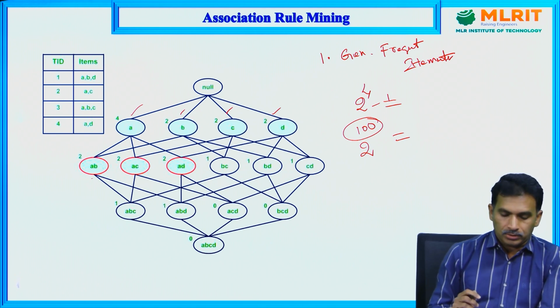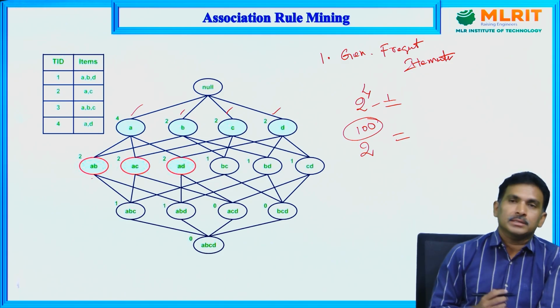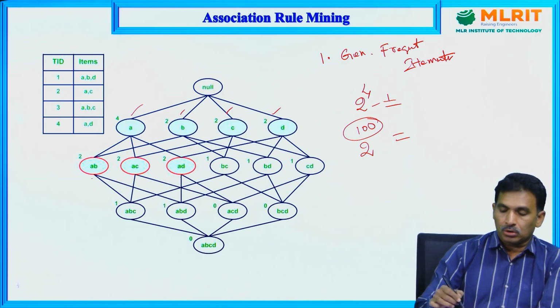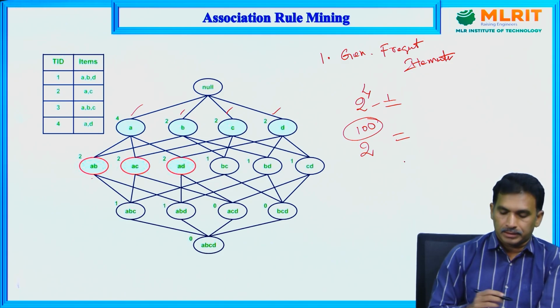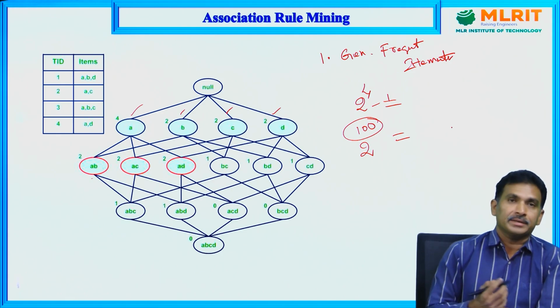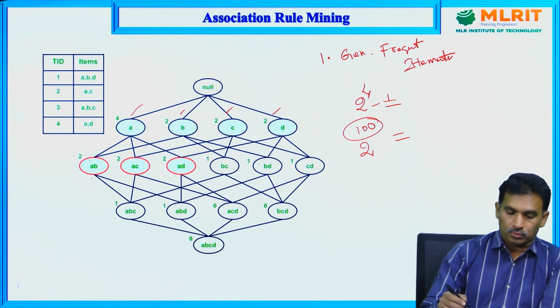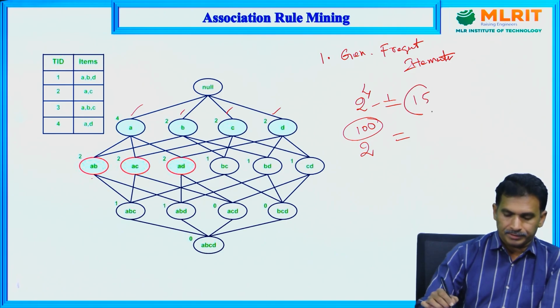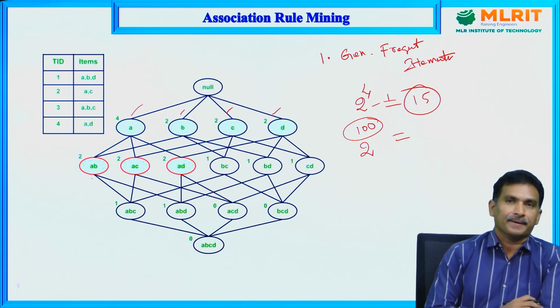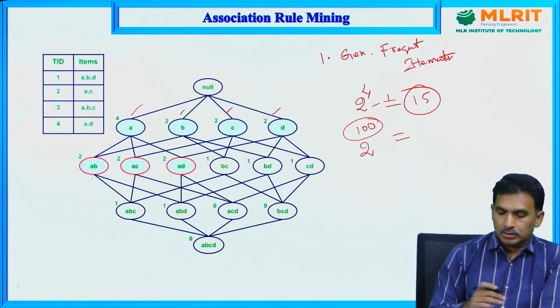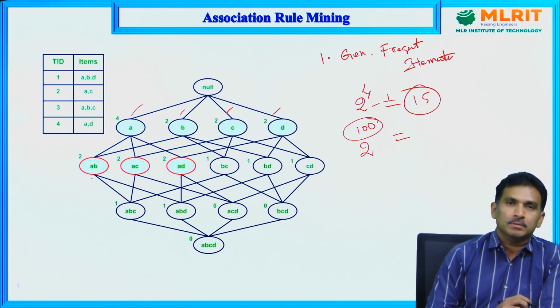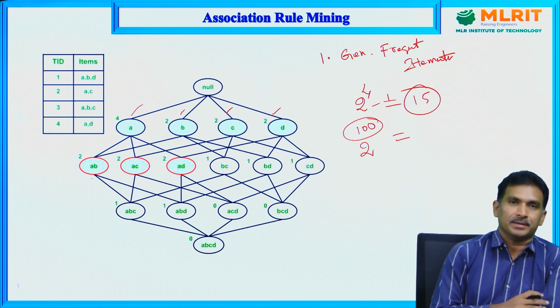To find that, first we have to generate all these item sets. With 100 items, we have to generate 2 to the power of 100 item sets. If there are 4 items, then we have to generate 15 item sets, or 16 including the null set. But among these 15, we don't know which are the frequent item sets.